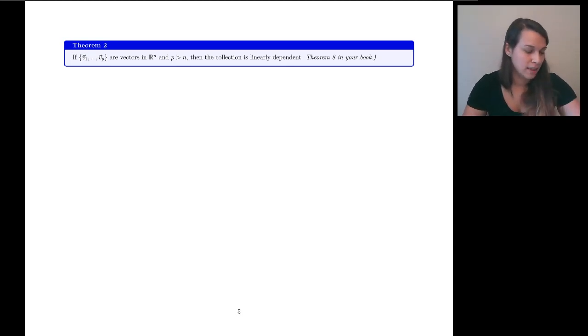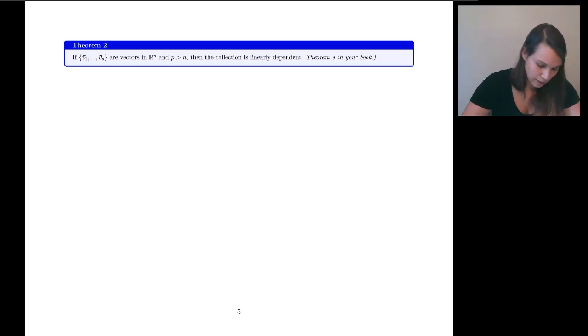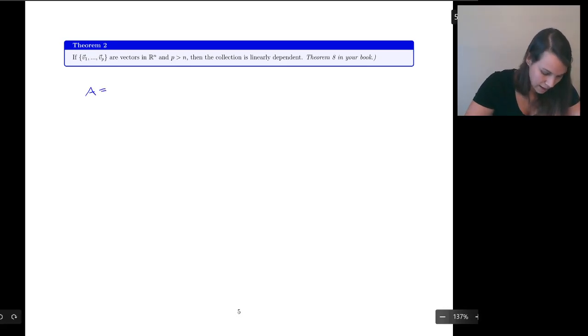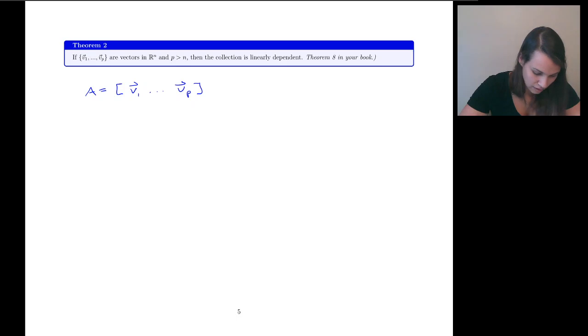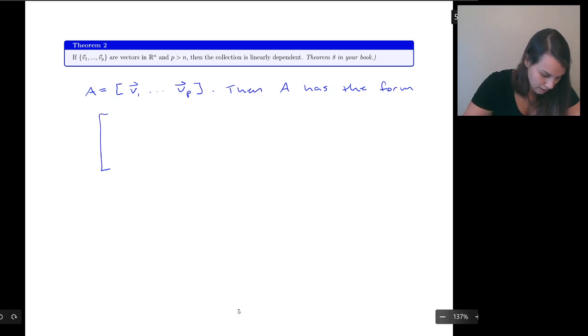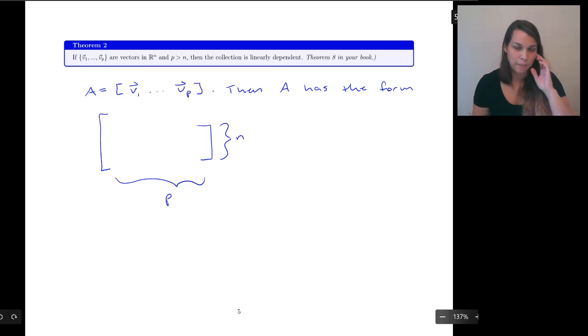And the reason for this is we're going to say A is going to be the vectors as columns. Then A has the form like this: p many columns and only n many rows.